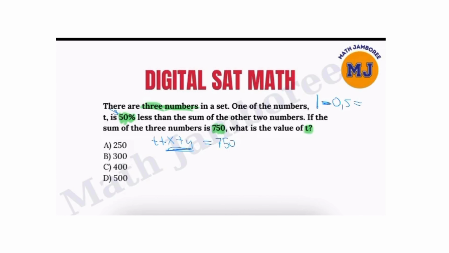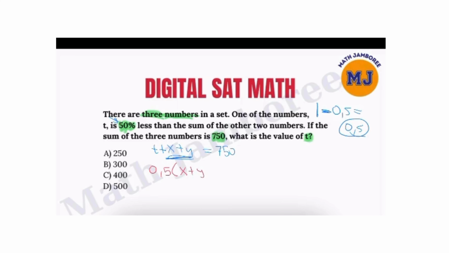I will choose a different color. 0.5, open up parentheses, x plus y. So 0.5x, when we distribute that, 0.5x plus 0.5y plus x plus y equals 750.